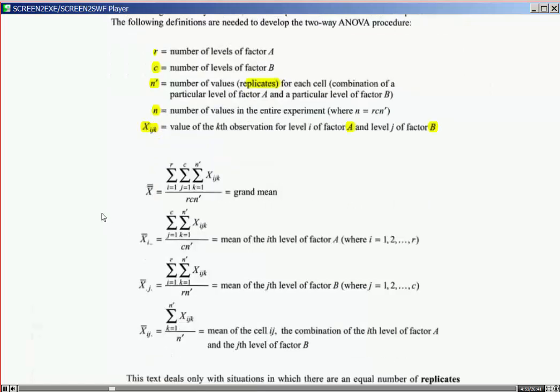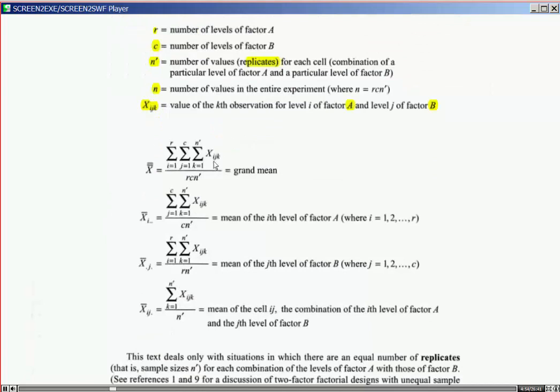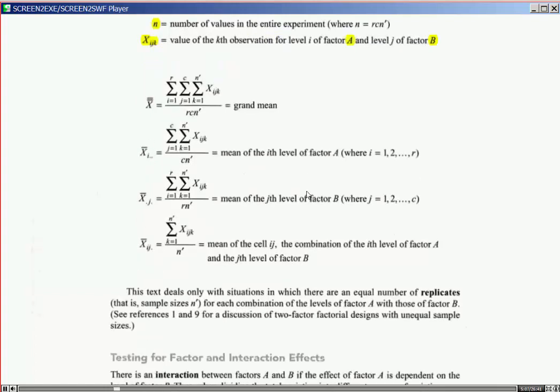Going back to the grand mean once again, it's just the sum of the entire set of data points divided by their number. That will give us the grand mean, very similar to one-way ANOVA.